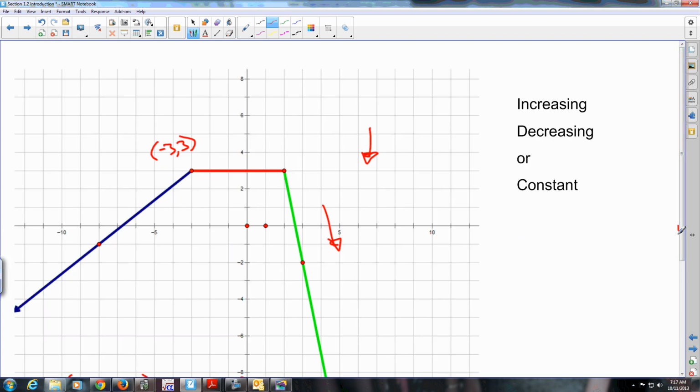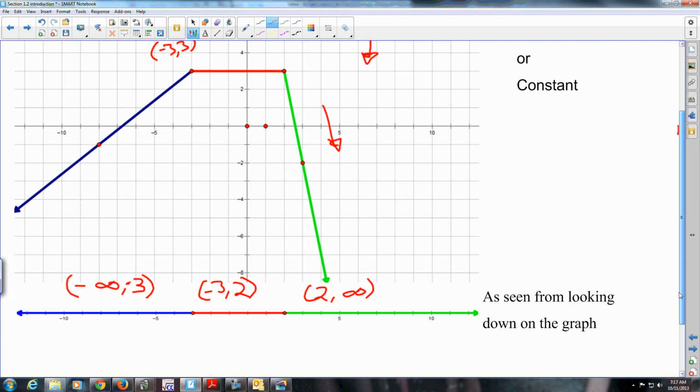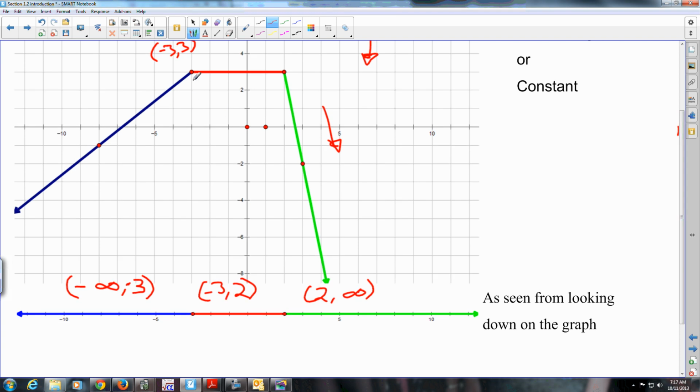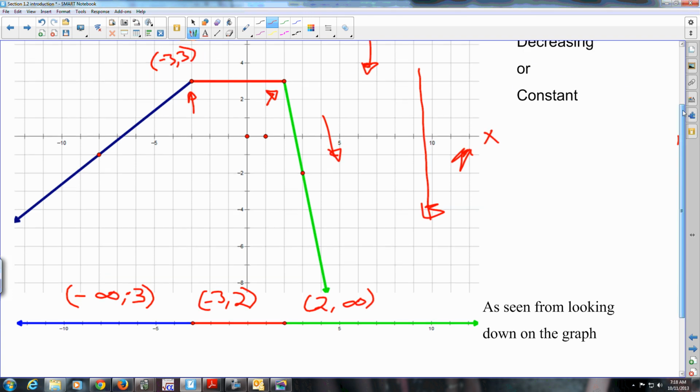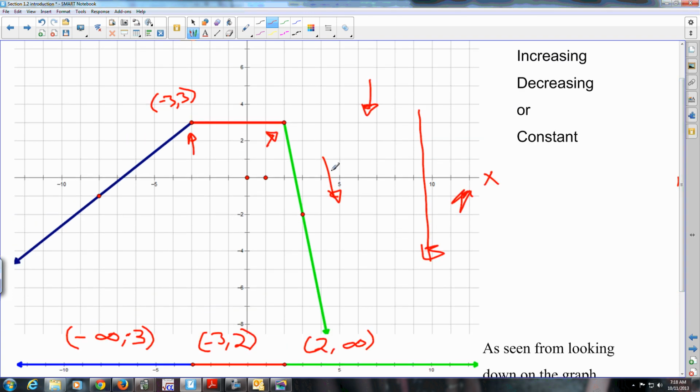Remember, guys, when I did the intervals on which it's increasing, decreasing, and constant, notice it was strictly the x values that I was accessing. That's why, as if you were looking down on the graph, you can press it onto a number line. You can press it to the x-axis. And you just looked at those values along a number line. The y values are unimportant. You don't use them to write increasing, decreasing, and constant.